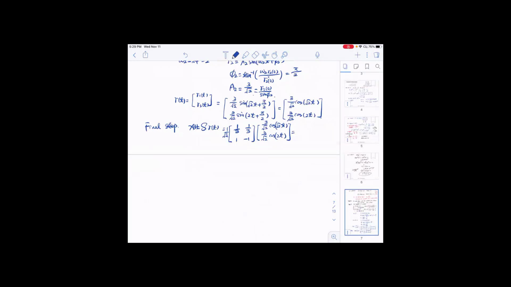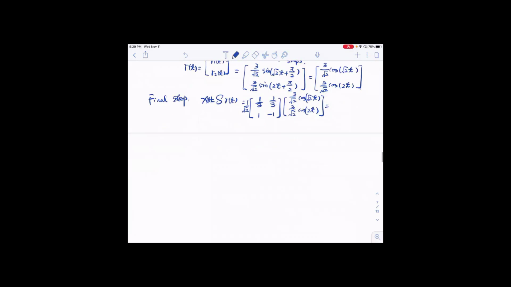The final solution is cosine of square root of 2 t divided by half, plus half cosine 2t, and 3 halves cosine square root of 2 t minus 3 halves cosine 2t.